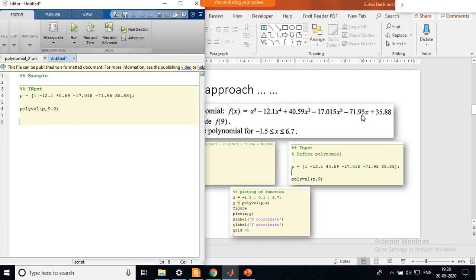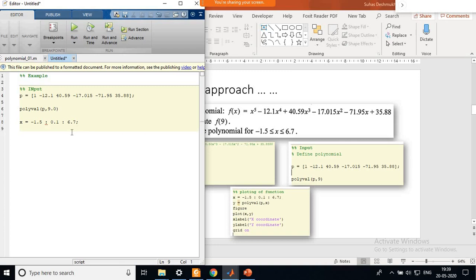So now you want to plot from minus 1.5 to 6.7. So what is to be done? Obviously I need to create an array of this entire range. For this purpose, we need to create an array. I can have x equal to, so the minimum number is minus 1.5, and then I can have a certain step size, maybe 0.1, then go to 6.7.